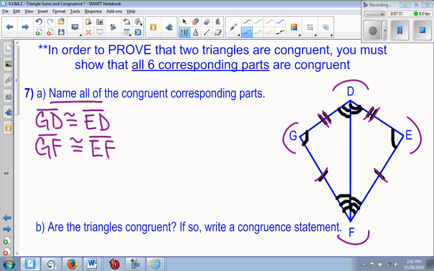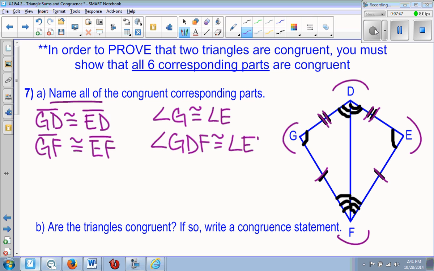Also, we can say that angle G is congruent to angle E. We can also say that angle GDF is congruent to angle EDF. We can also say along the bottom that angle GFD is congruent to angle EFD.